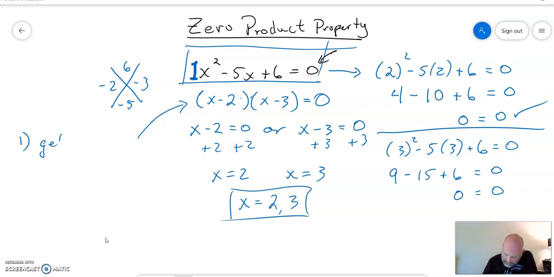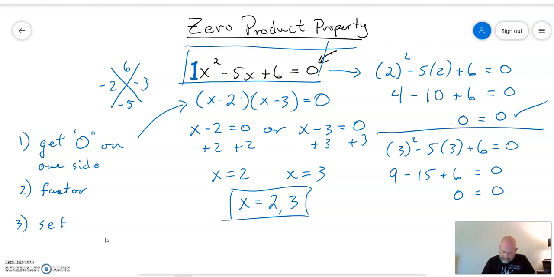So get 0 on one side, factor, and set each factor equal to 0, and solve.